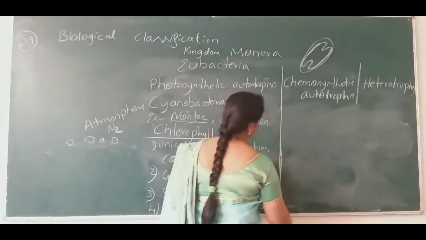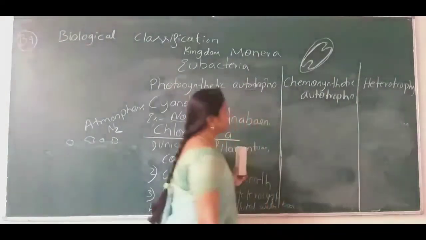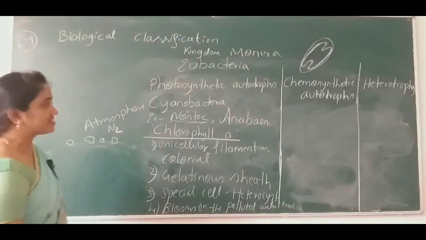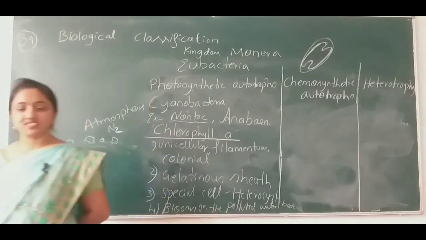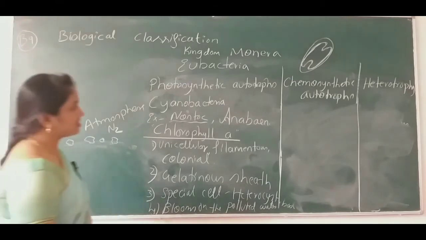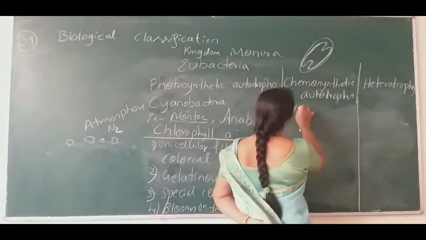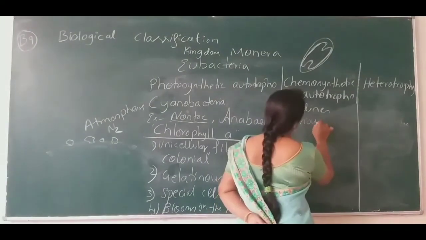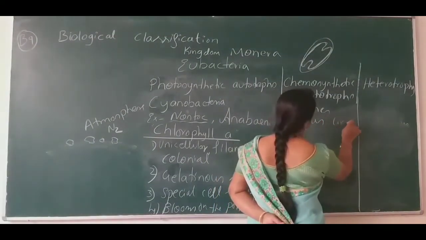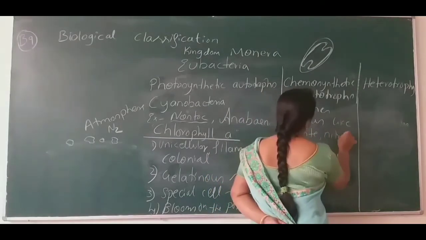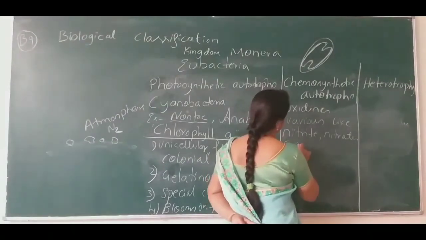Now let me tell you about the chemosynthetic autotrophs. Chemosynthetic autotrophs oxidize various inorganic substances like nitrites, nitrates and ammonia.